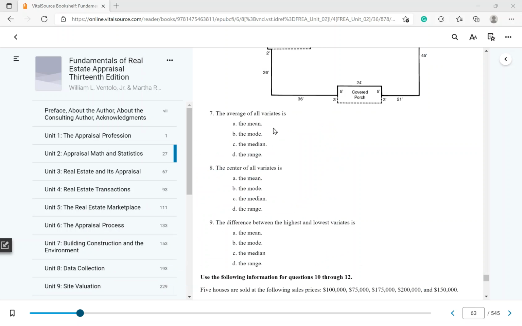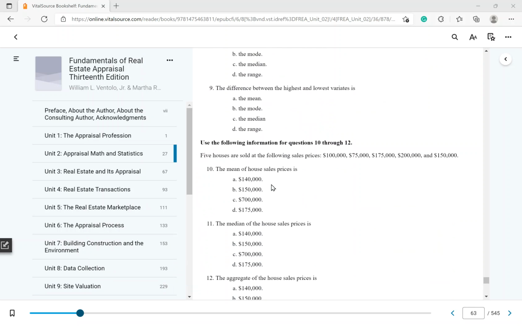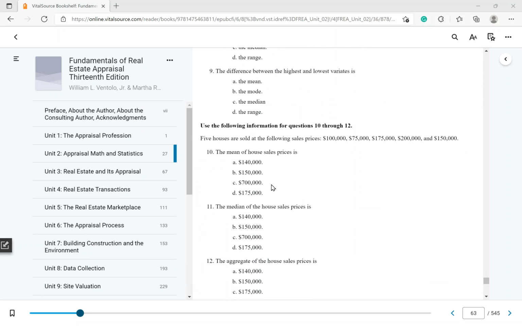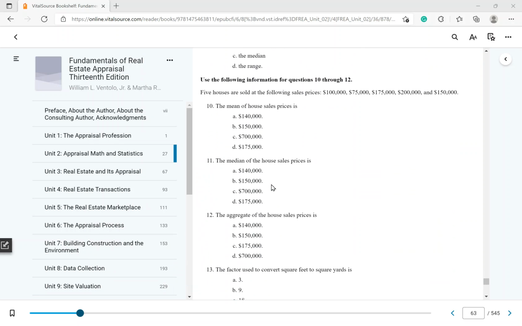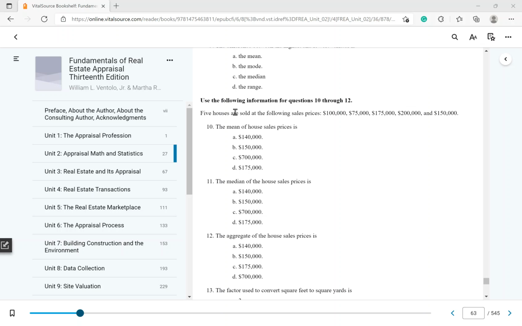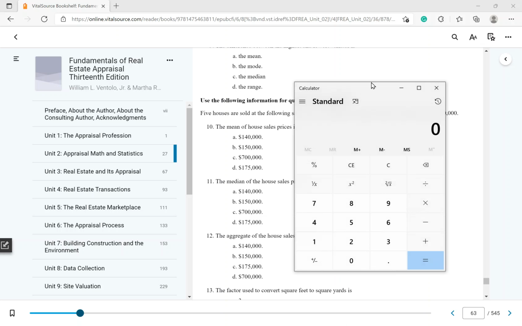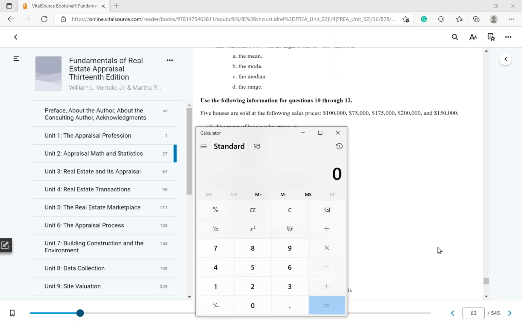Okay, I'm not going to do 789. Okay, so for 10 and 12, use the following. 5 houses are sold at the following prices. The mean of the house sales price is, well, the mean is the same thing as an average. So if there's 5 houses, I've got 100,000.